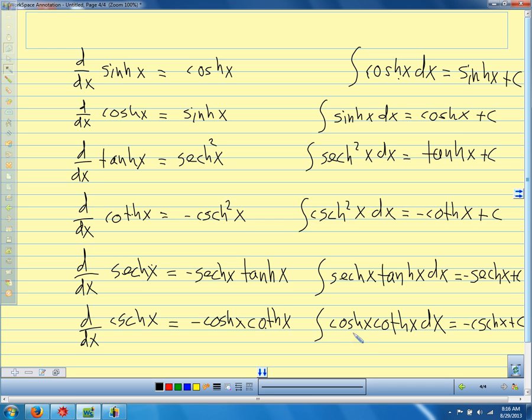On which last one? Oh, okay. No, that's right. The integral of... oh, yes.